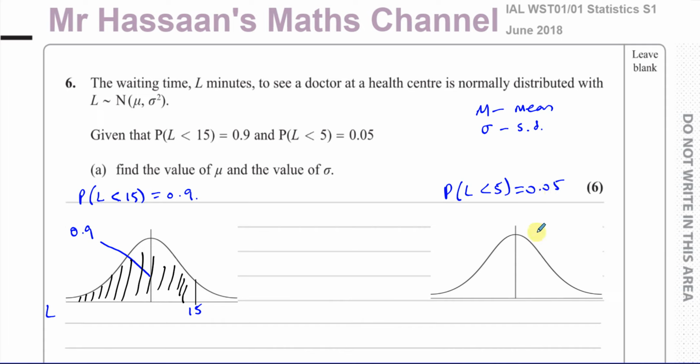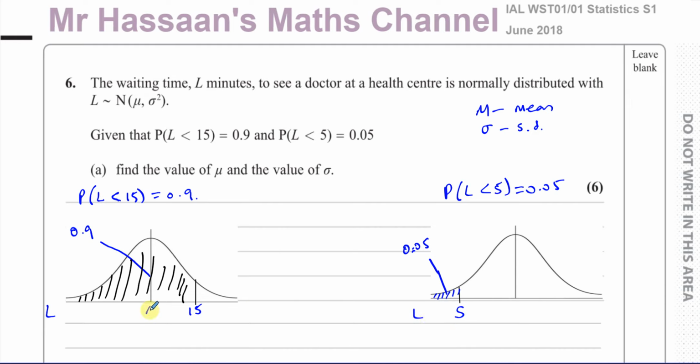It's way less than half of the area. That means 5 must be somewhere over here on this side, such that the area to the left of it, the area below it, is 0.05. So this must be where 5 is in terms of our L values.